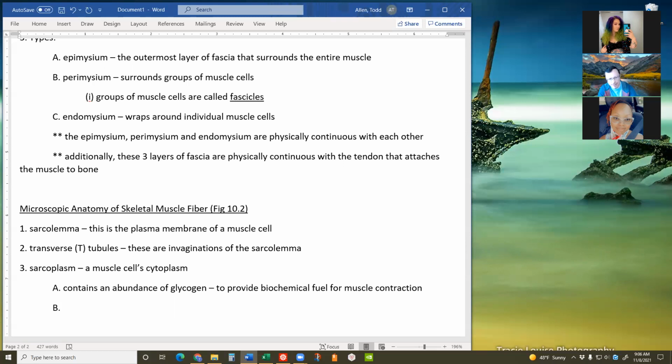Additionally, there's another substance that I need to highlight for you that's unique to muscle fibers. I'm going to ask you this in the chat window.